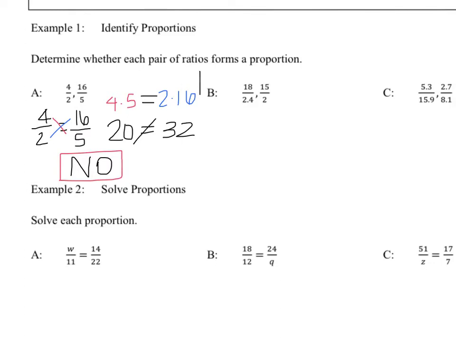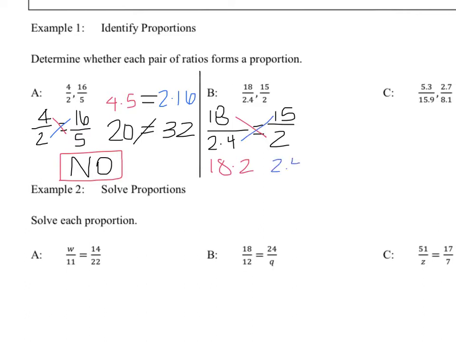Okay, so B will be performed the same way. You take 18 over 2.4 and 15 over 2 and cross multiply. So we'll take 18 times 2, and 2.4 times 15, and decide if they are equal.